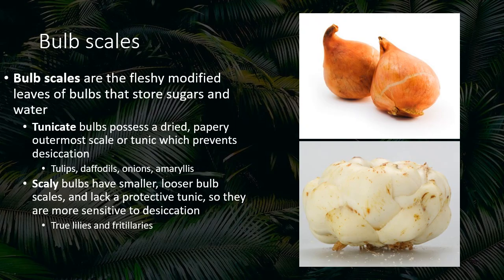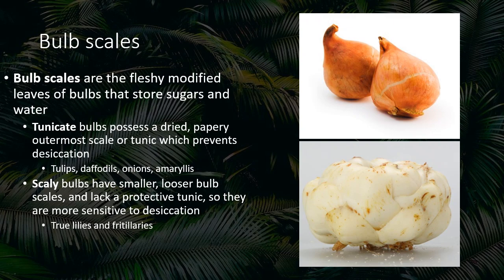The scales or layers of the bulb are modified fleshy leaves, and their function is to store sugars and water to fuel plant growth as a plant is emerging from dormancy. There are two main types of bulbs.